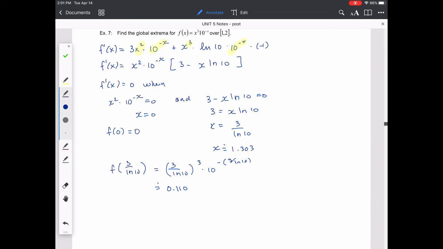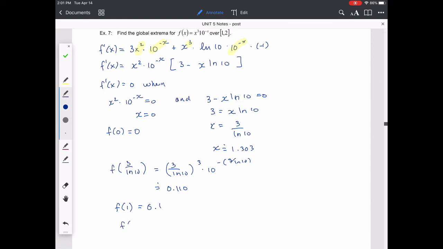So if I'm trying to figure out if that's a max or min over 1 and 2, I got to test what the value of 1 and 2 is. So I'm going to put into my calculator f of 1. If I make x equal to 1, that means we have 1 to the exponent 3, which is 1, times 10 to the exponent negative 1, which is going to be 0.1.